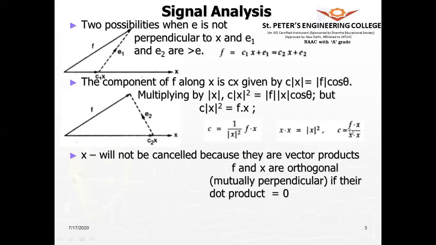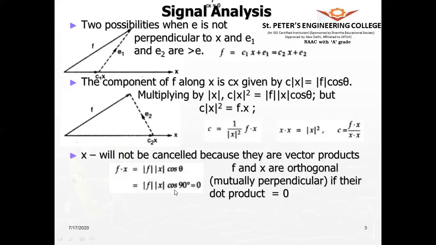And if C is equal to 0 in this equation, then we say that the two vectors f and x are orthogonal. That means they are mutually perpendicular. So this is as far as two simple vectors are considered. So we say the dot product of the two vectors f dot x is equal to 0.